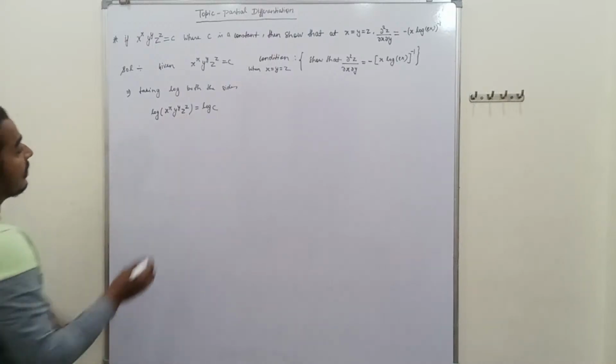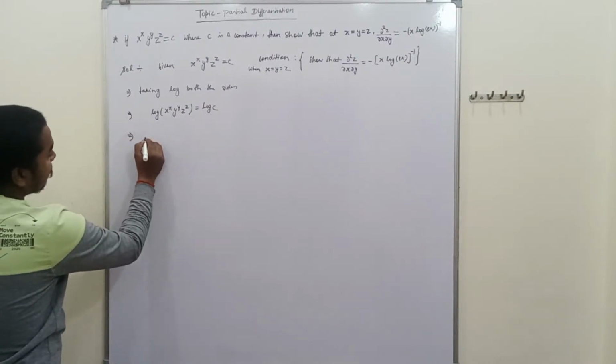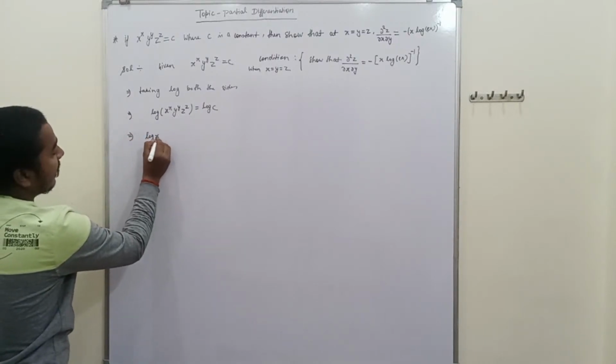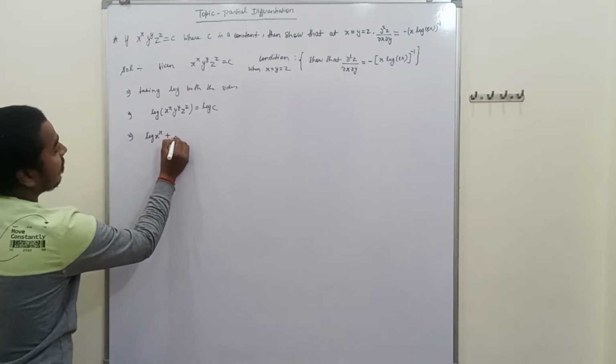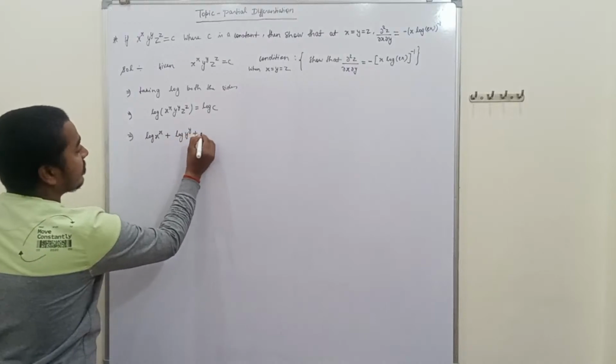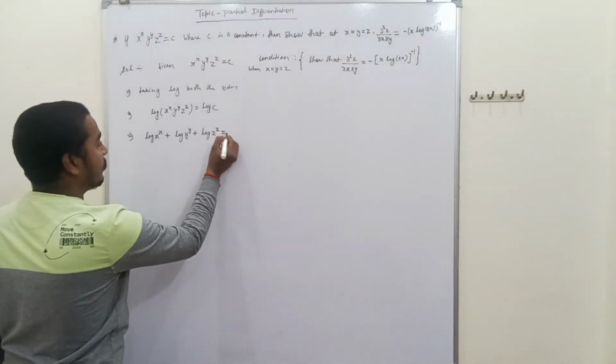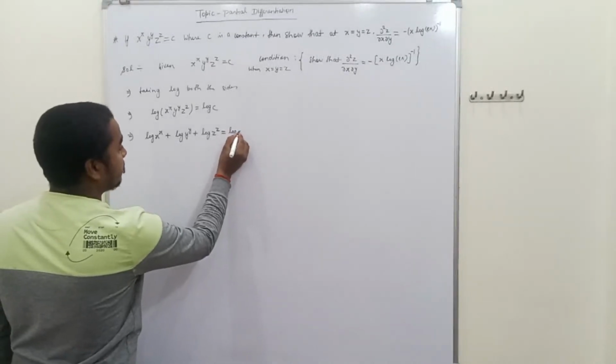So using the property of log, that is log of x^x plus log of y^y plus log of z^z is equal to log c.